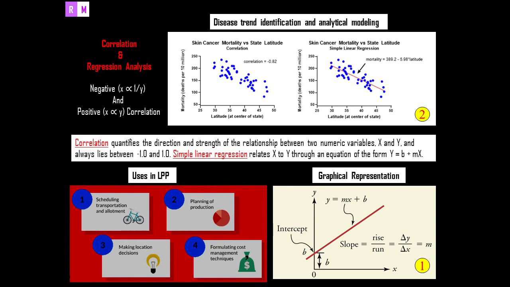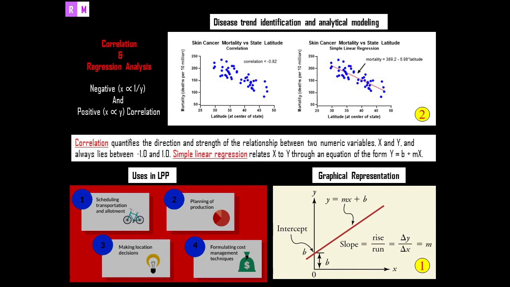Now, if the slope of the line trends from low to high, considering from the origin, this is positive correlation, as shown in the figure number 1. And if it moves from high to low towards the x-axis, this represents negative correlation, as shown in figure number 2.